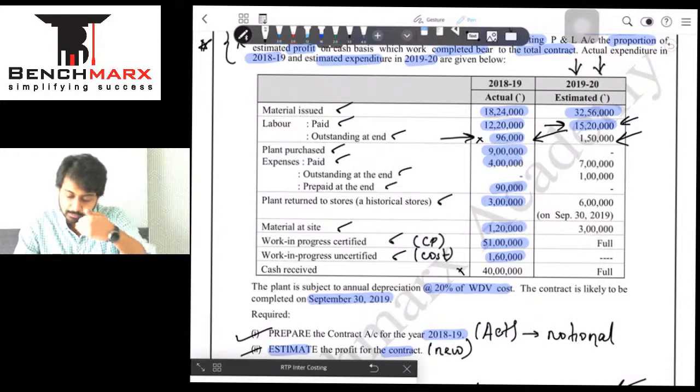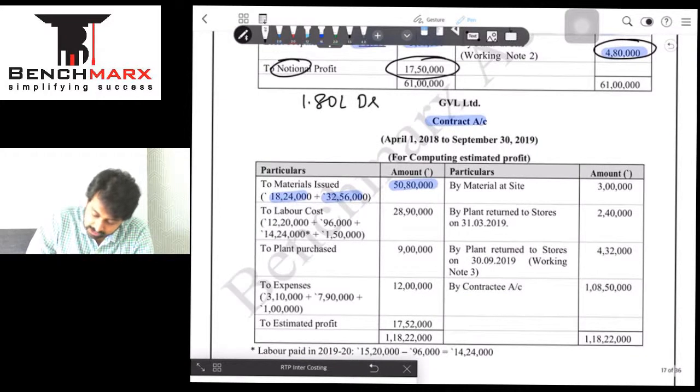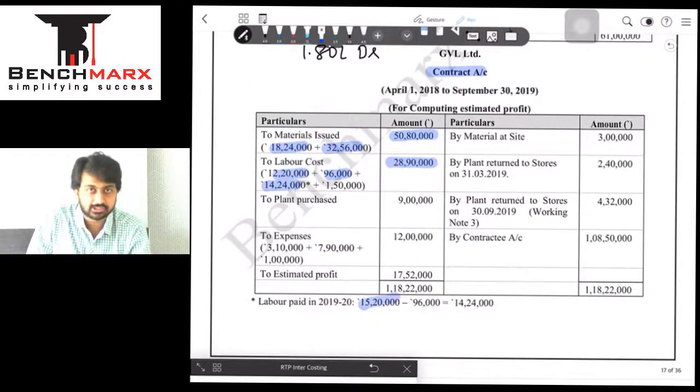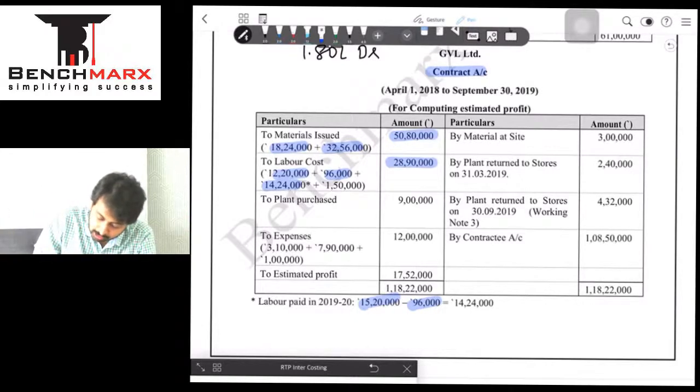So 1220 plus 1520 appears to be 2740. 2740 plus 150 appears to be 2890, and 2890 should come in the outer column, which I can see here, 2890. What they have done, 1220 plus 96, and then they have done plus 1424, and 1424 is 1520 minus 96. तो जब 96 ऊपर प्लस करना है, नीचे माइनस करना है, so don't take 96 and obviously plus current year outstanding.